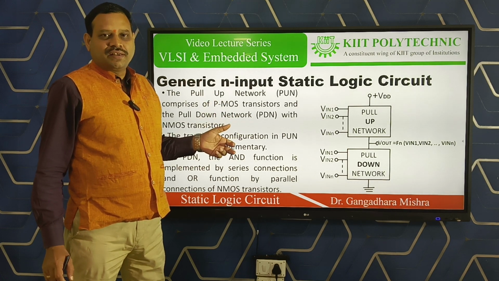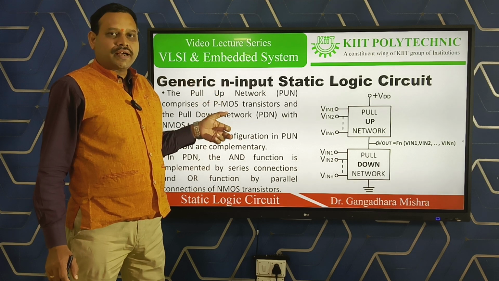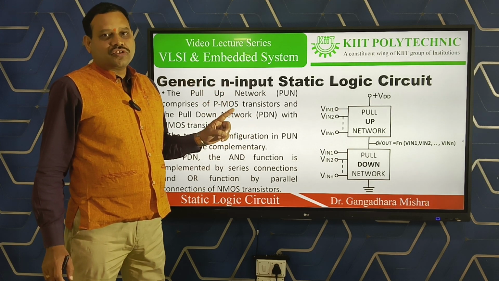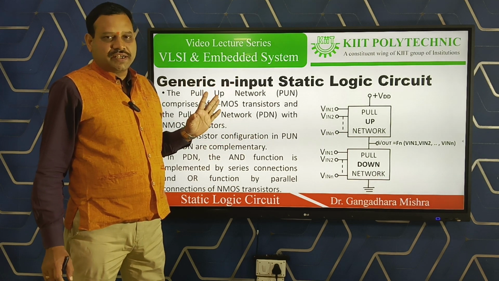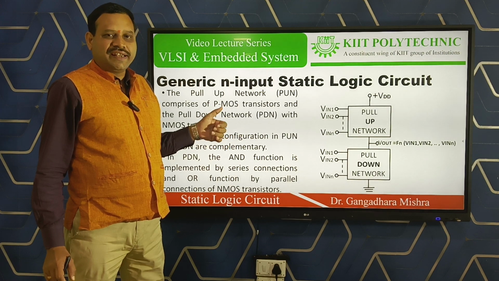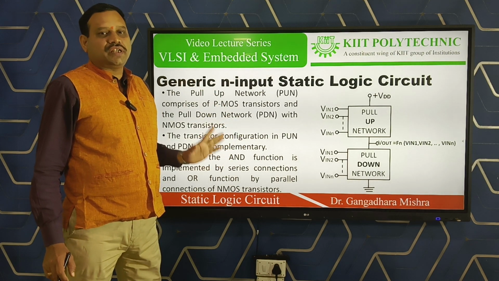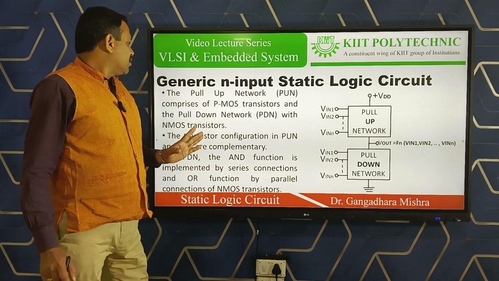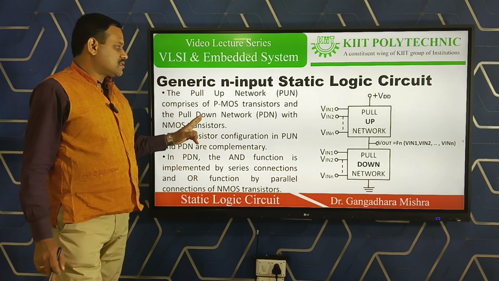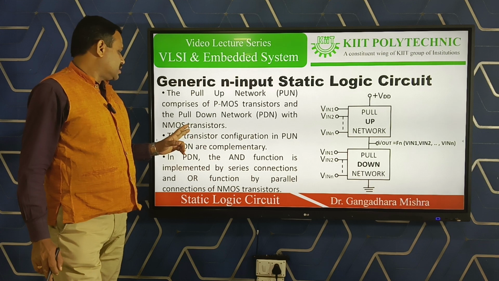As the name states, when that part of the network is active or in the conduction state, our output is driven to logic 1, that is plus VDD state. And when the pull-down network is active, it brings the output down to logic 0 or grounded state. The pull-up network comprises PMOS transistors and the pull-down network consists of NMOS transistors.